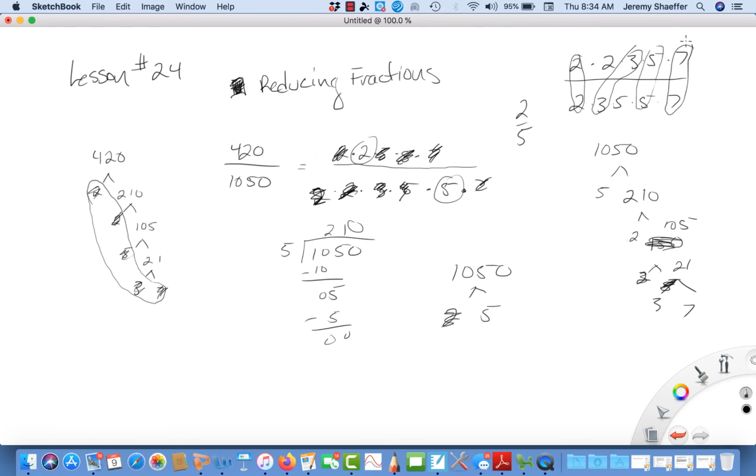And then I want to know what the GCF, greatest common factor, is. In other words, what was the biggest number that both of them had? And in this case, it is 210, the largest number they both had. Okay? So we can find out what that number is pretty easily by just doing those example problems.